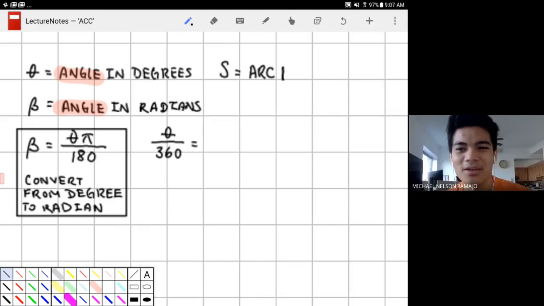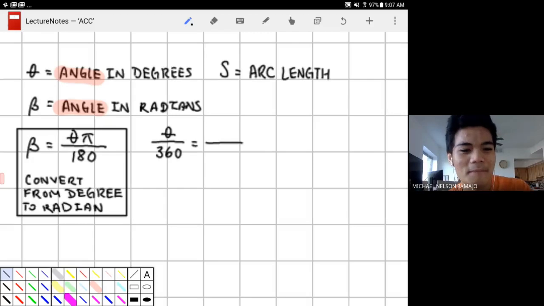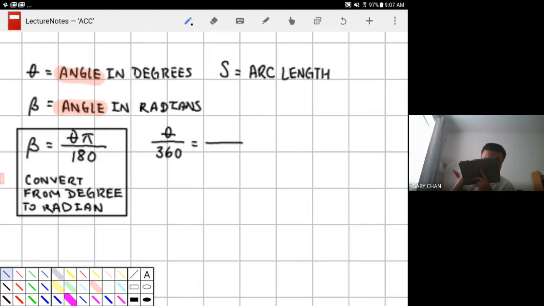That was what I said earlier, was it not? You were hinting at this. But my question to you in the very beginning was, what was the formula to convert from degrees to radians? Now remember, theta times pi over 180. That's what I have boxed in there.